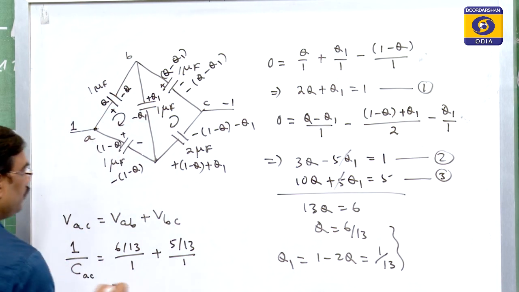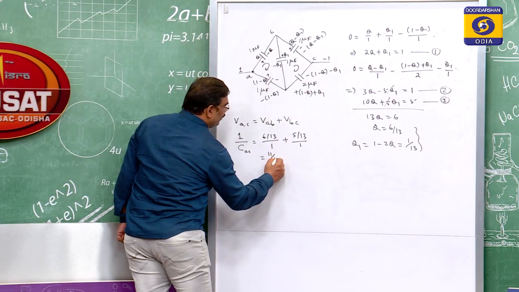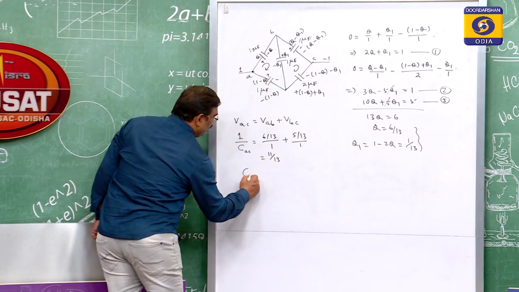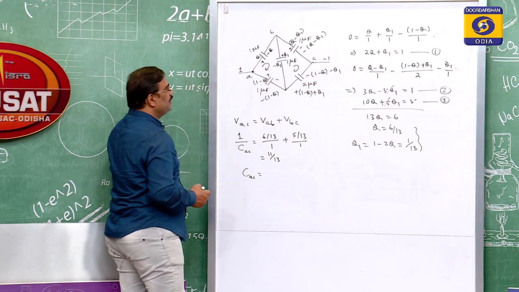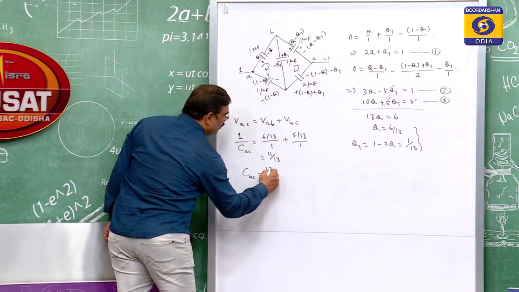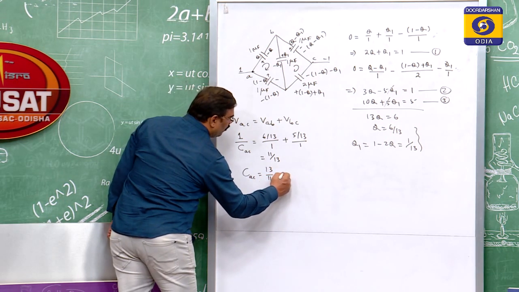So, this is equal to 11 by 13. So, the effective capacitance between A and C is 13 by 11 microfarad.